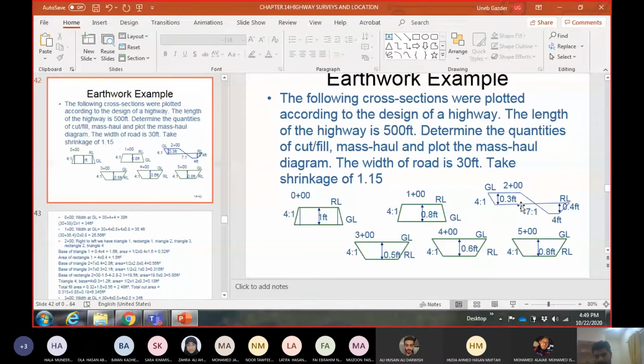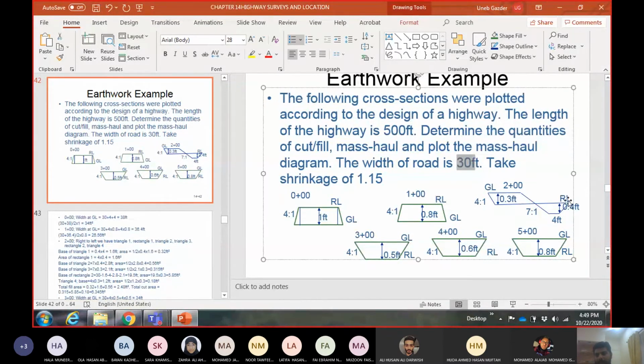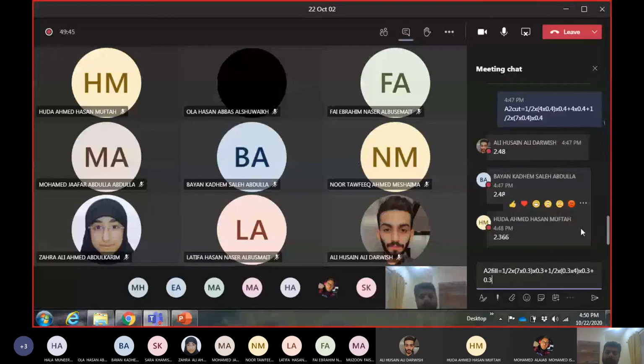Okay, I know this one is 4 feet, and for the remaining, these are all triangles for which I have already calculated the base. So the total width is 30 feet. From this point to this point, the width is 30 feet, and I will subtract this 4 feet and the bases of these 3 triangles to get the base of the rectangle. So I will add 0.3 multiplied by 30 minus 4 feet, which is given here.